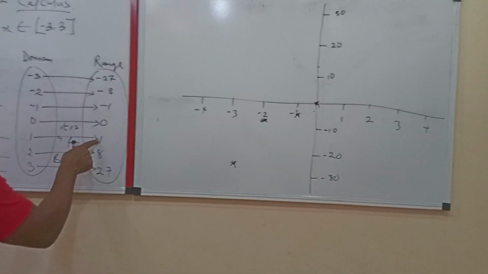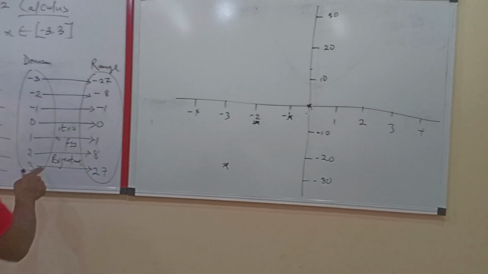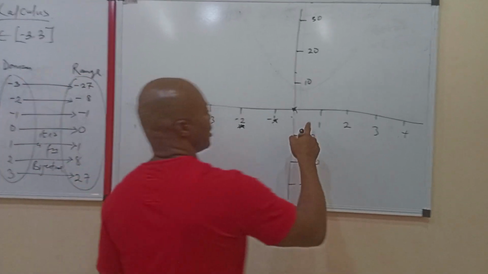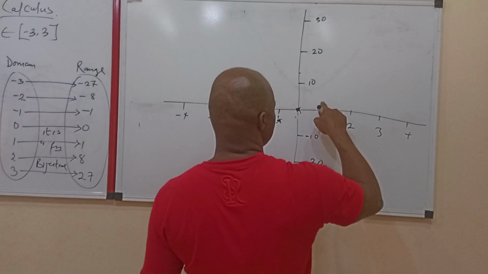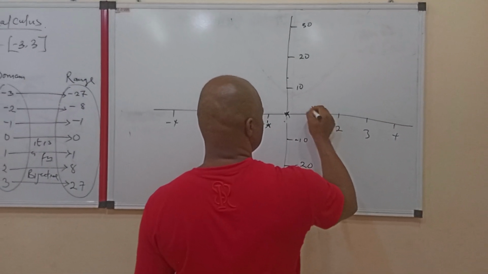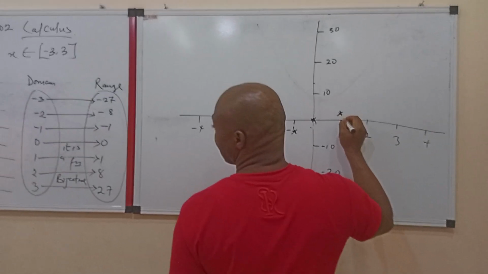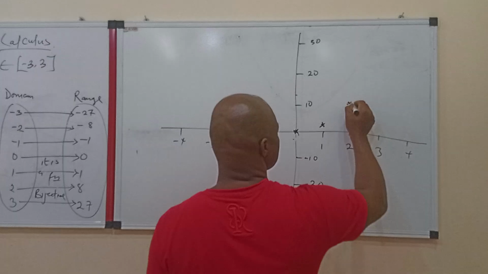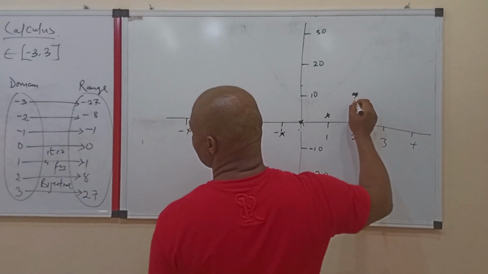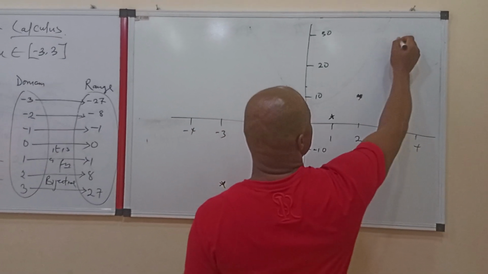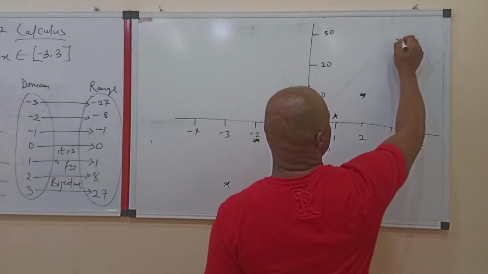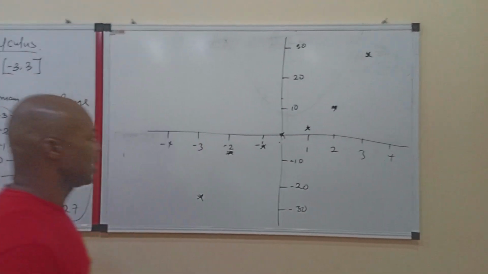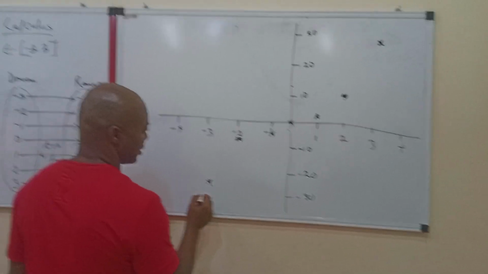When x is 1, it is 1. When x is 2, it is 8. When x is 3, it is 27. So when x is 1, it is 1 here too. When x is 2, it is 8. When x is 3, it is 27. 27 will be somewhere here. So if you look at this graph now, it will go like this.